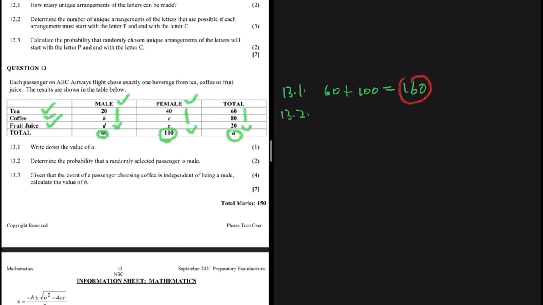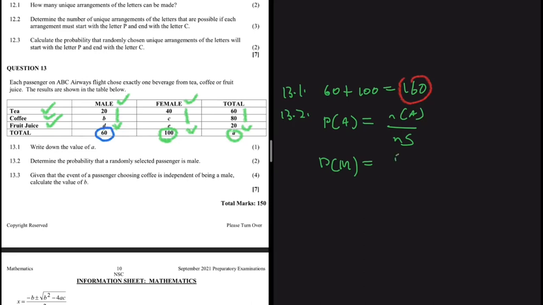We know fully well that the probability of event A is equal to the number of ways A can occur divided by the sample space, right? The sample space being the total, so to say. So we want the probability of selecting a passenger that is male. So how many males do we have? We've already established here that we have 60 males, right? Is the total number of males.